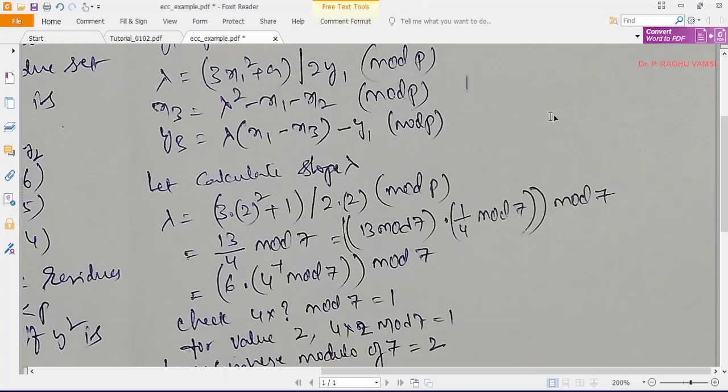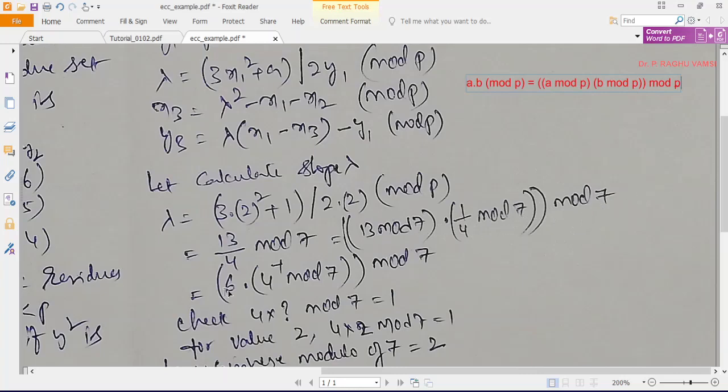If a into b mod p is there, then it will be calculated as a mod p into b mod p, whole mod p. Okay, so in this context, 13 mod 7 into 1 by 4 mod 7, whole mod 7.